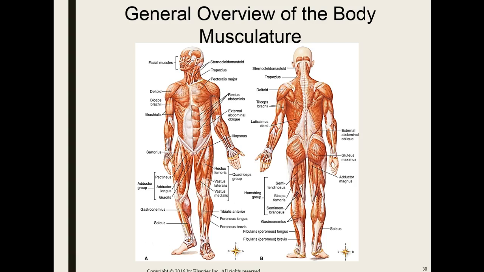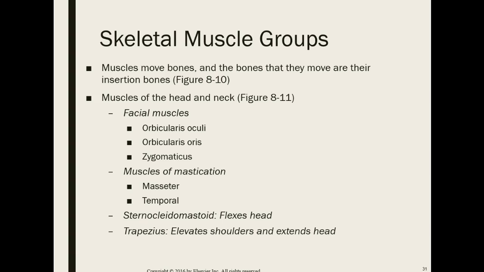This is just an overall view of the muscles within the body. We'll kind of go through them individually. One thing to keep in mind when we're talking about the muscles is that the names normally correlate pretty closely to the bones that they're attached to.